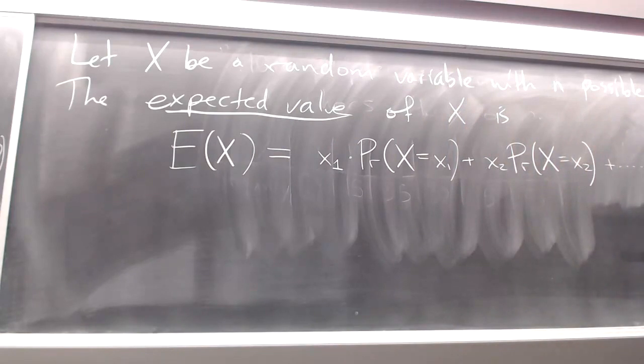And then we go through all the possibilities, up to xn times the probability that x is equal to xn. So you go through all the different possibilities and add these things up.